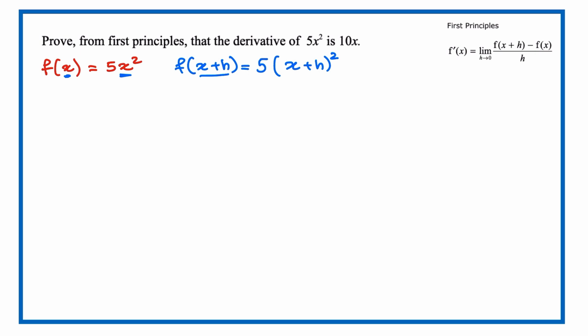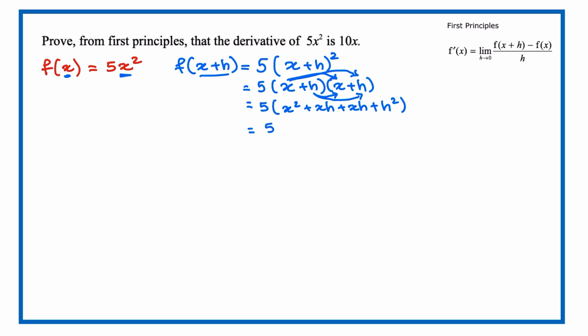Let's expand this very quickly before we substitute everything inside the formula. I'll keep the 5 outside, so that's the same thing as writing x plus h, x plus h close bracket, equal to 5 bracket x times x is x squared, x times h is plus xh, h times x is plus xh, and h times h is plus h squared.